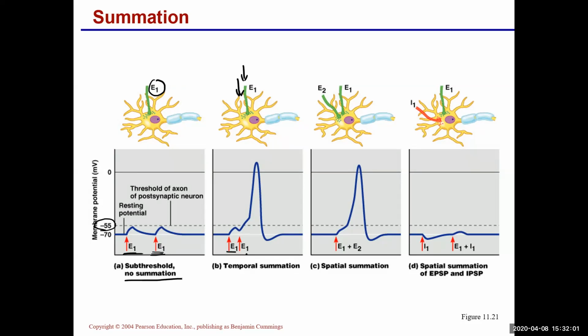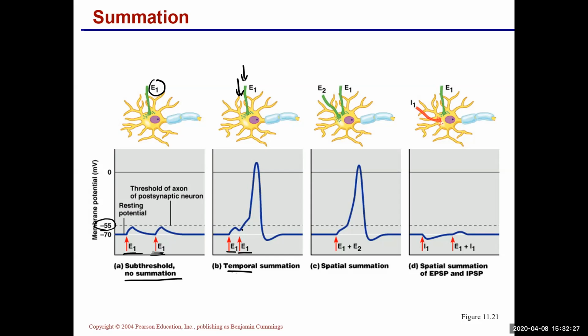So here is the same signal, but at closer intervals with one another. Temporal, tempo means time. So again, it's impulses in rapid-fire order. What that means is the E1 is coming, releasing neurotransmitter, but before it shows the complete action and before the sodium potassium pump restores the balance, another same signal is coming in.